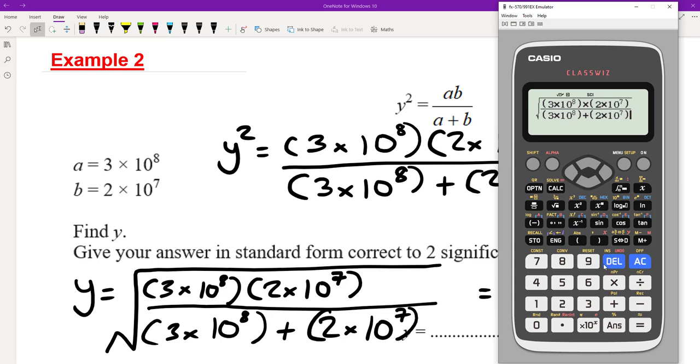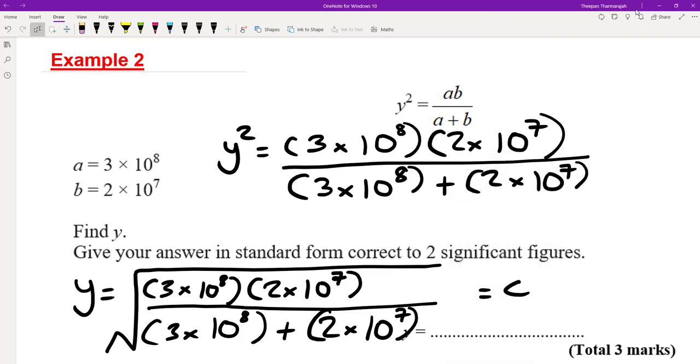Close the brackets there, and we can get our answer as 4.3 times 10 to the power of 3. So we get 4.3 times 10 to the power of 3.